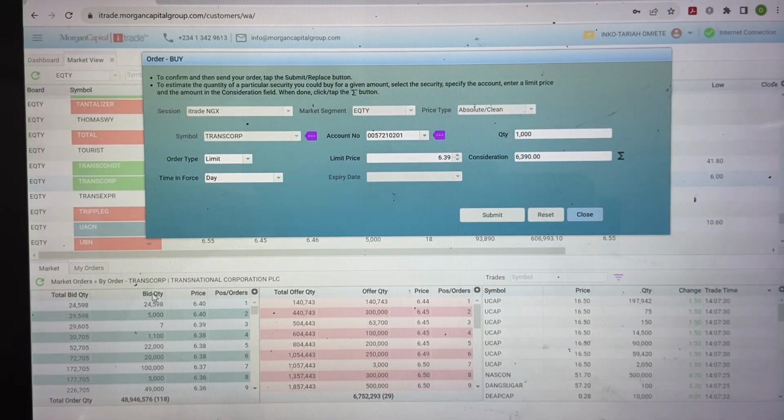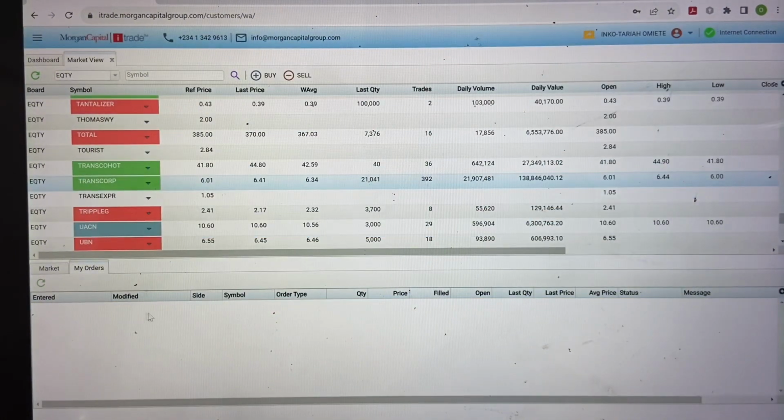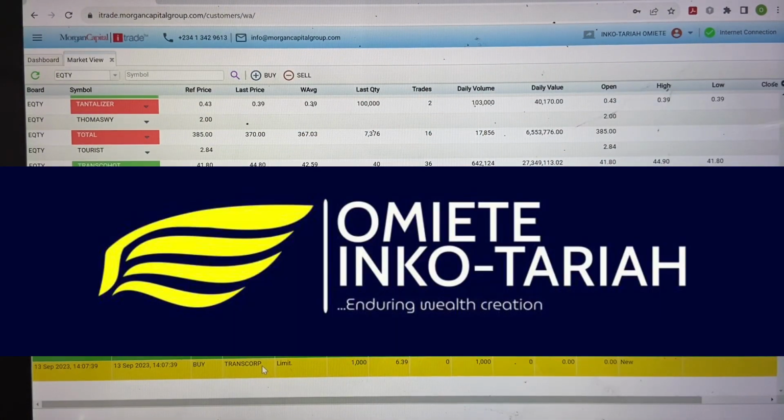Once you submit your bid, you will find yourself somewhere down there, showing you that, look, Transcorp, 1,000 units, 639 naira, and it's showing yellow because it hasn't been bought. Ignore these other colors you are seeing because those were transactions I did earlier in the day.